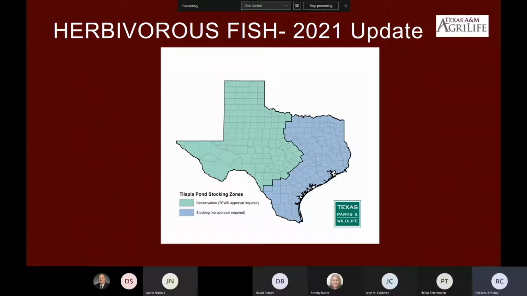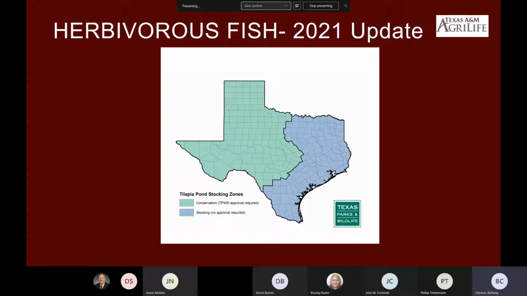I also want to point out that in their new proposed rules from Texas Parks and Wildlife, they're allowing fast tracking in the stocking zone that you see on the right-hand side for permits for 10 or fewer carp.